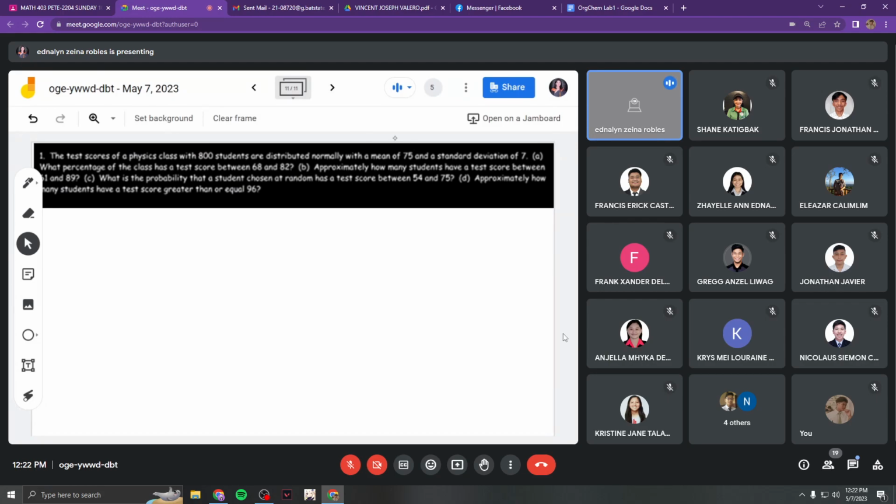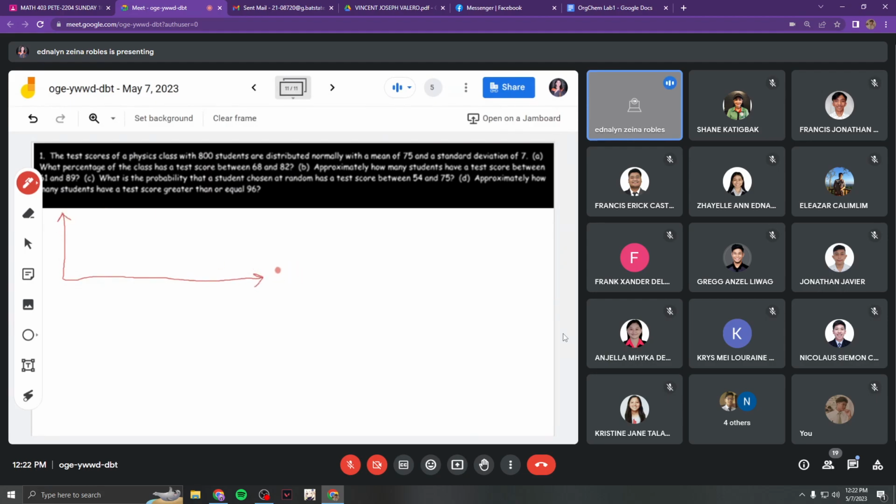Meaning to say, from this problem, it is stated that the data are normally distributed. So we will be using the normal distribution of data. So let's start putting this into a graph. So we do have this graph.